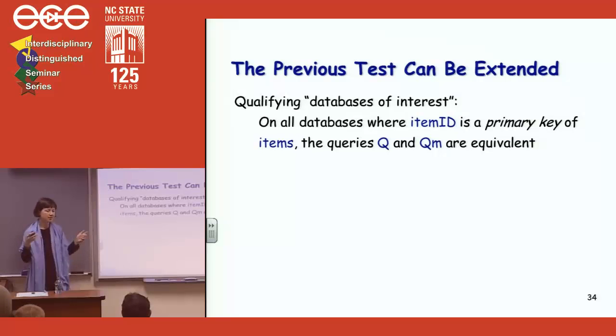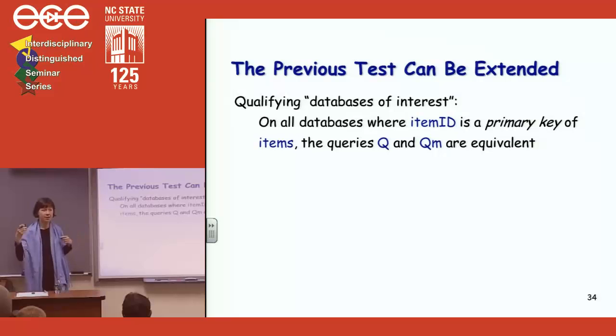It says, given the items table, don't store in this items table 2 or more rows for the same item ID, right? So for each item ID, at most 1 row. So at most one source of information about the name of this item and about the category of this item. This is so-called primary keys, right? It is specified technically by the database system on the table.